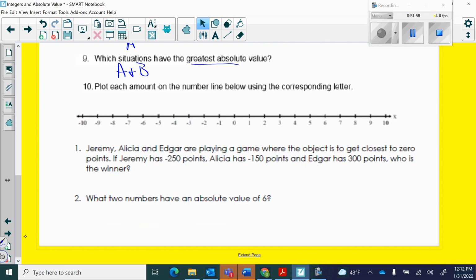To plot them, guys, quiet down. So -6 was the B. -3 was D. Sea level, or 0, was C. And A was our highest point at 6.